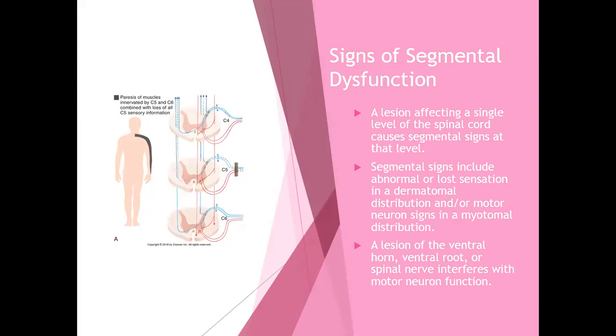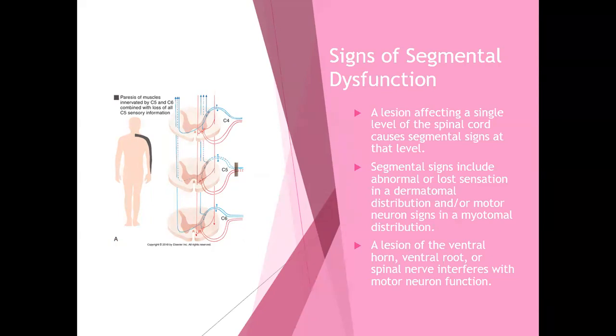The signs of segmental dysfunction are segmental signs at the level of the spinal cord that's affected. The segmental signs include abnormal or lost sensation in a dermatomal distribution or motor neuron signs in a myotomal distribution. So if it's a dermatomal or myotomal distribution, it is a sign of segmental dysfunction.